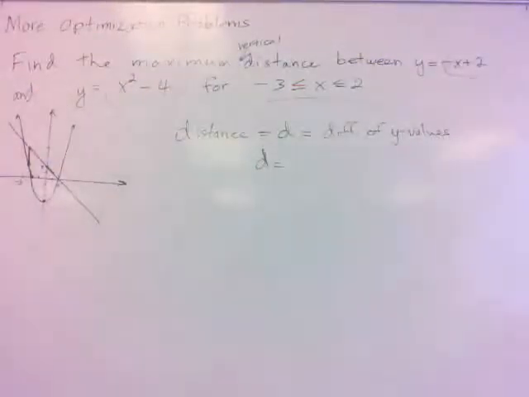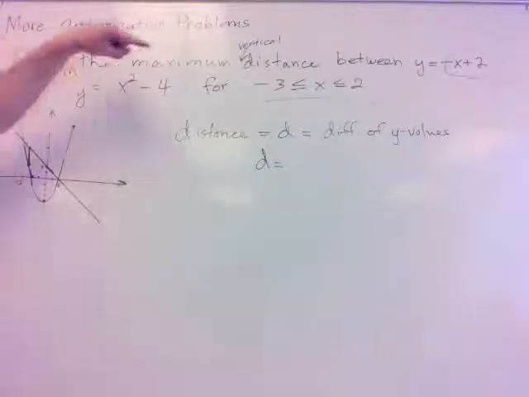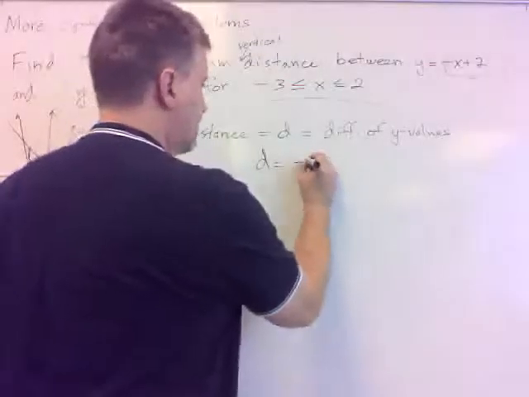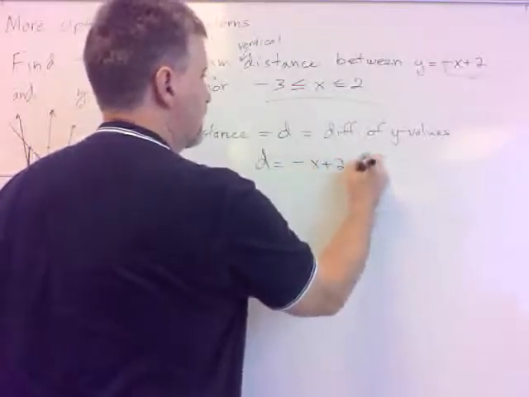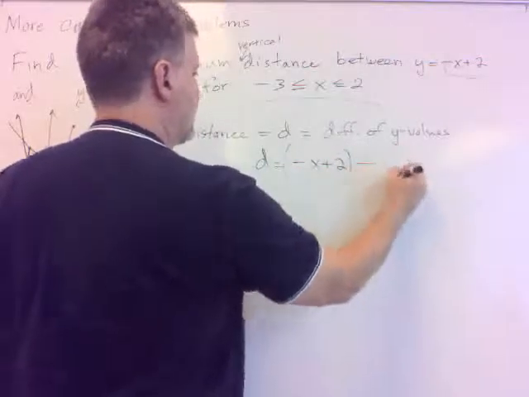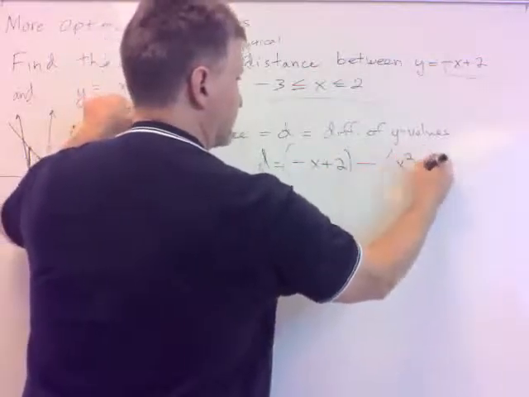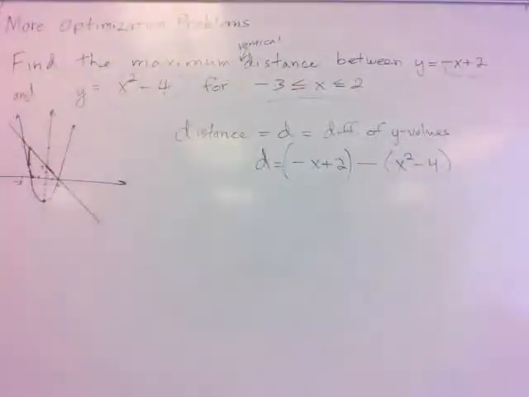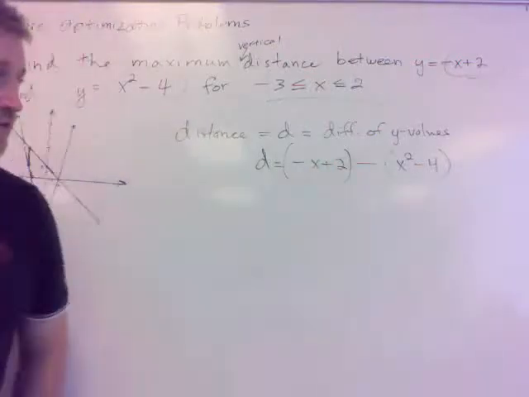In each case, the y value of the line will be minus x plus 2 minus the y value of the parabola, x squared minus 4. Now, I should point out here that if it had been the parabola on top, I would reverse those, right? It's the top y value minus the lower y value. So in this case, it's the line minus the parabola.